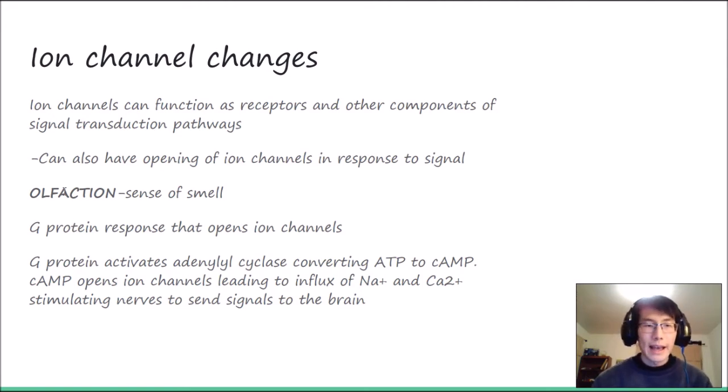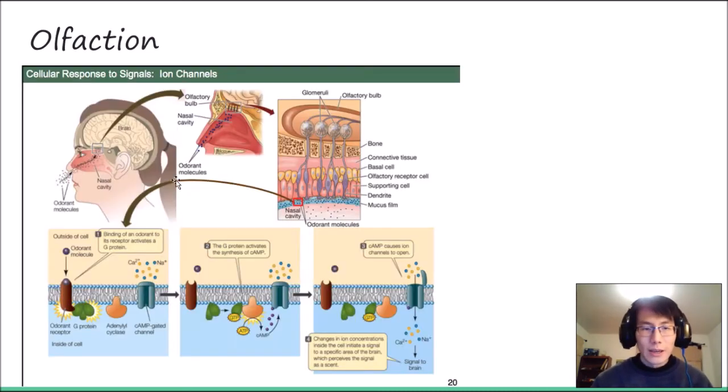So that actually is sort of what smelling is, or olfaction is. You have a situation where you have an odorant molecule that's binding to an odorant receptor that's going to cause the activation, again this time, of a heterotrimeric G protein that's going to ultimately cause the binding of GTP to that particular G protein and activation of that G protein, and one of the subunits is going to activate adenylyl cyclase.